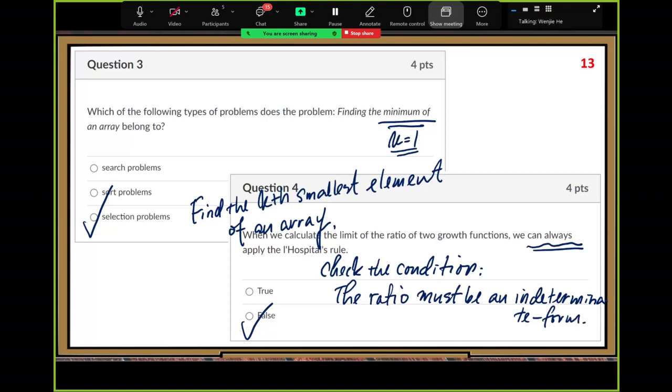And in our situation, we have the infinity over infinity indeterminate form.